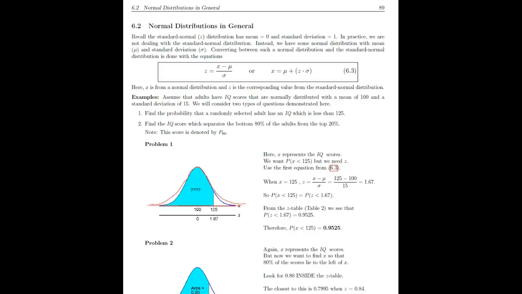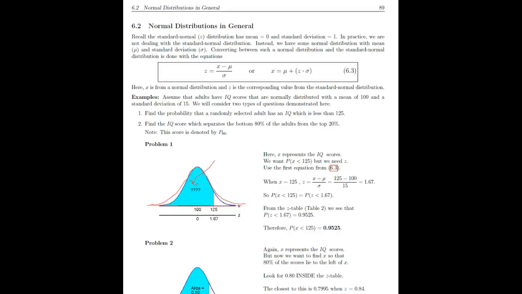We're interested in the probability of an IQ less than 125, so we mark 125, which is bigger than 100, and shade the side that would be less than 125, which is to the left. What we're trying to find is the area of this region right here.